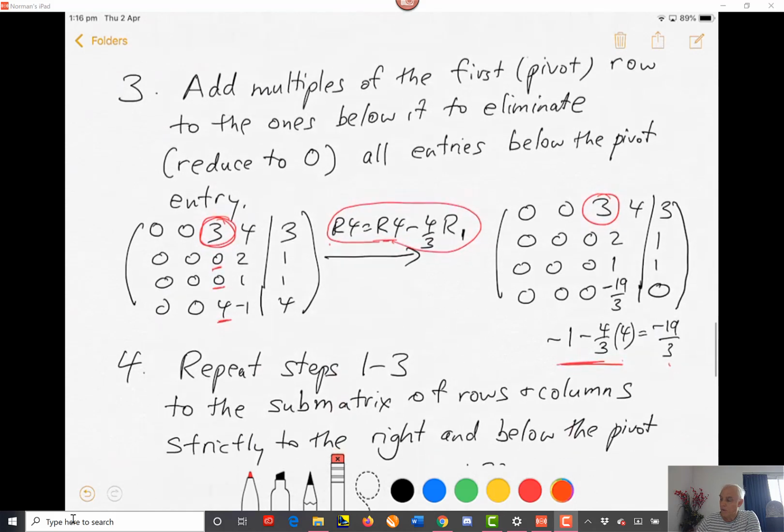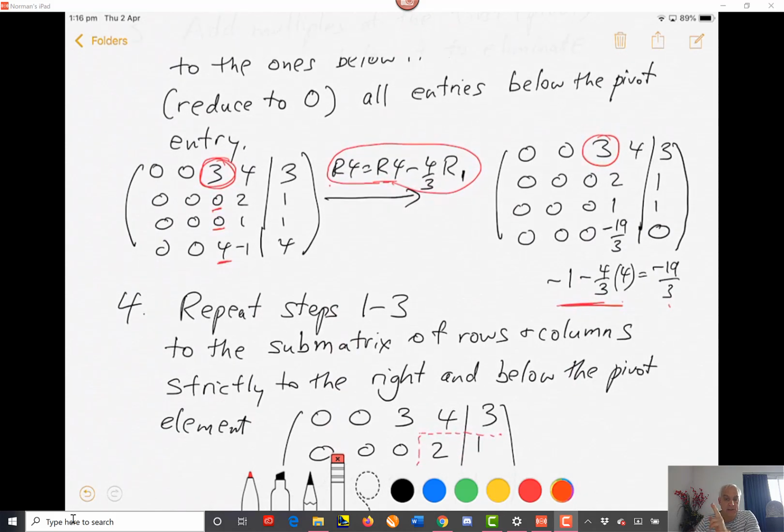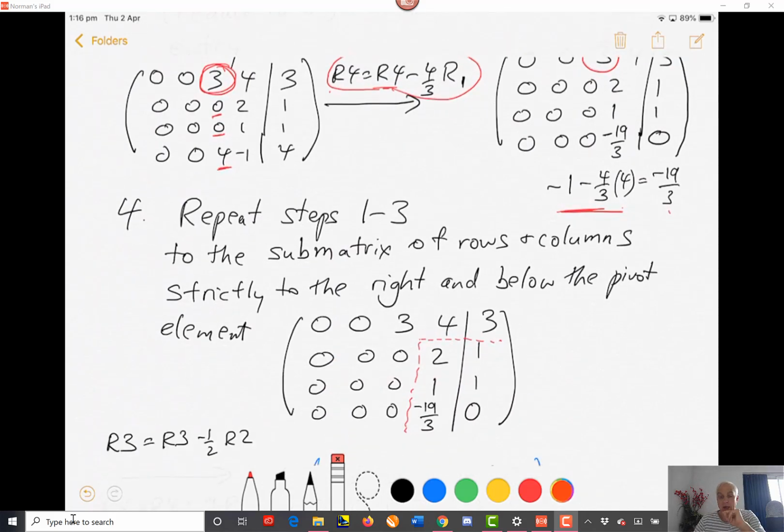Now, what we do now is that set of steps 1 to 3, we're going to repeat in a kind of recursive fashion. So we're going to now look at the submatrix of rows and columns strictly to the right and strictly below the pivot element, or entry, that we already have. That was this one here.